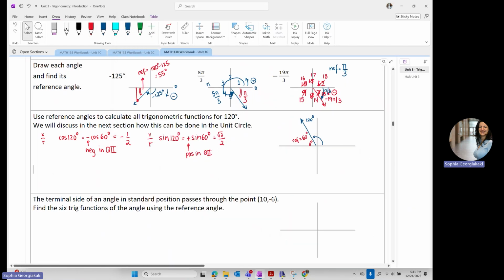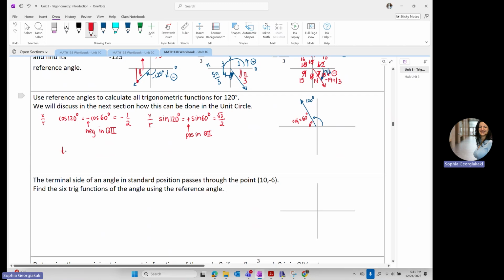Now, the tangent of 120 will equal the tangent of 60. The tangent is y over x. The y is positive and the x is negative in quadrant 2. So it's going to be a negative quantity in quadrant 2.